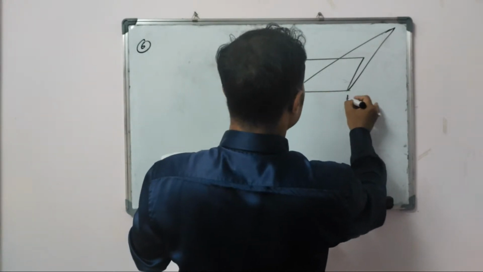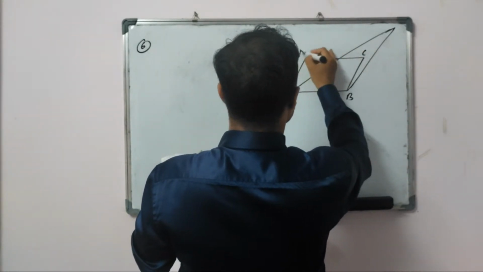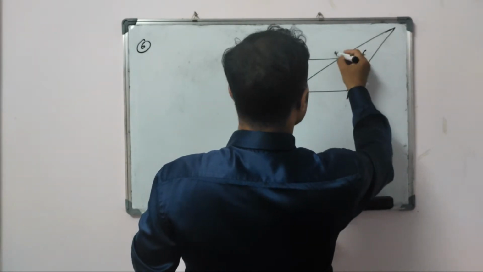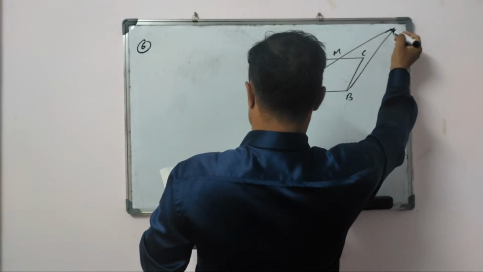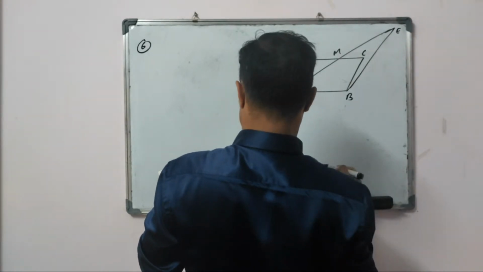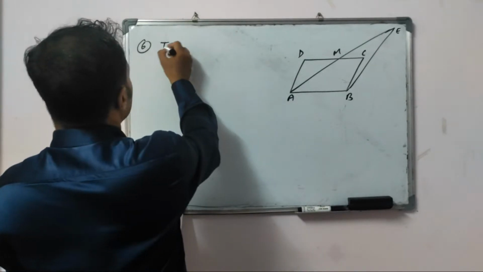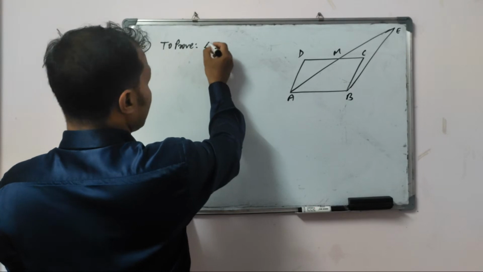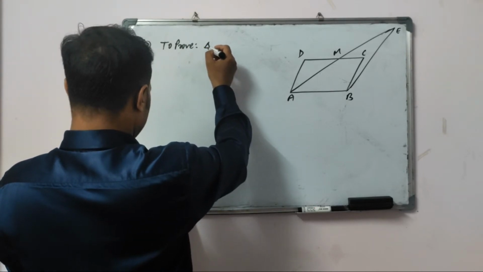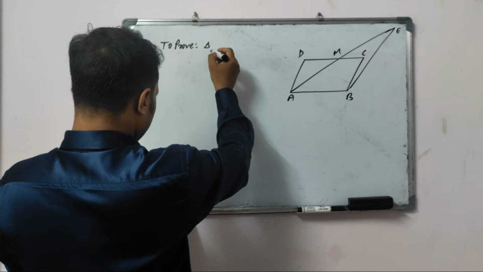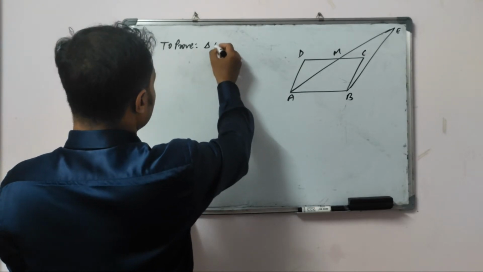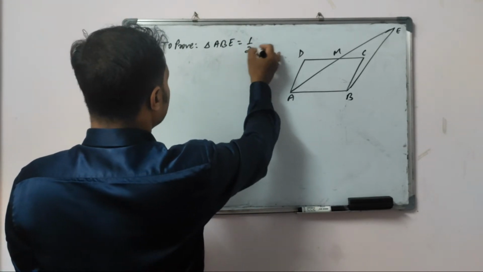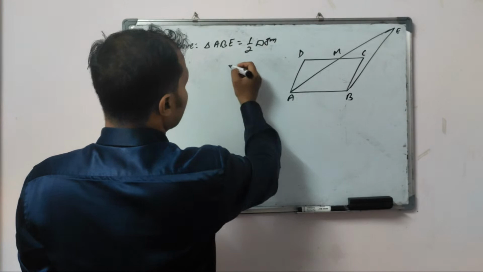A, B, C, D, and this is M, this is E. So you have to prove. To prove, triangle ABE equals half of parallelogram ABCD.